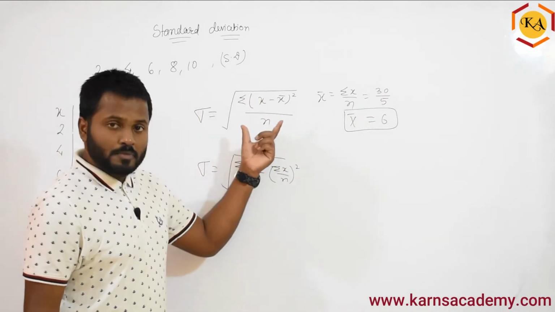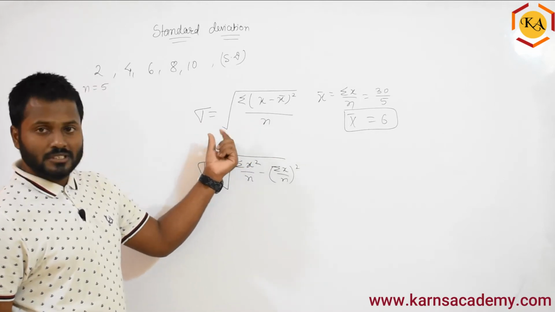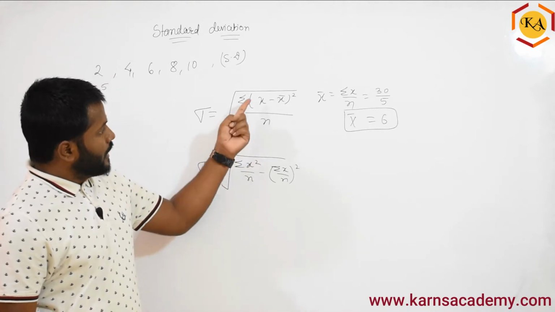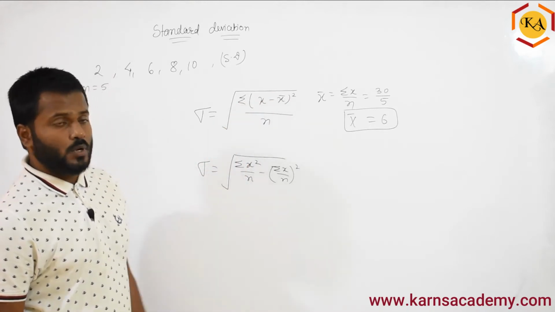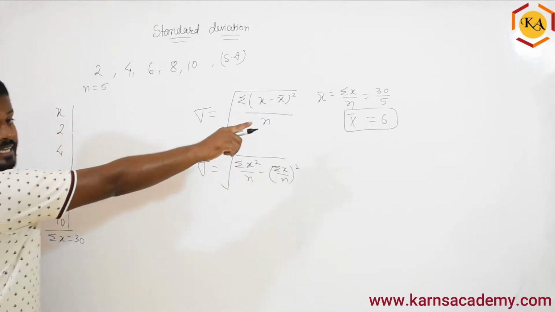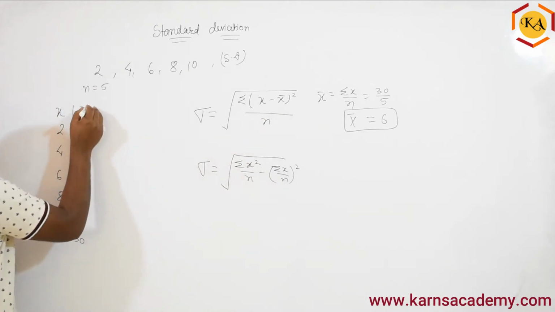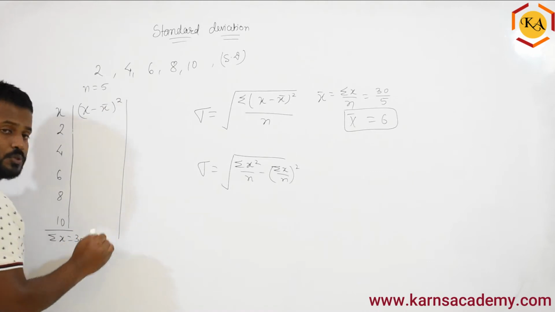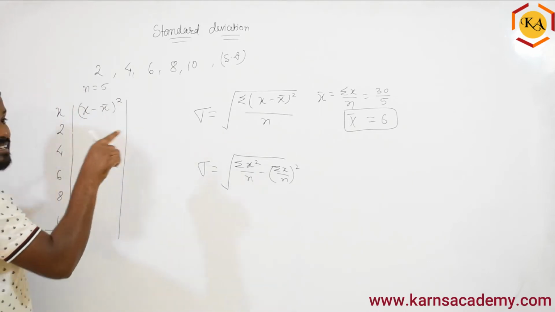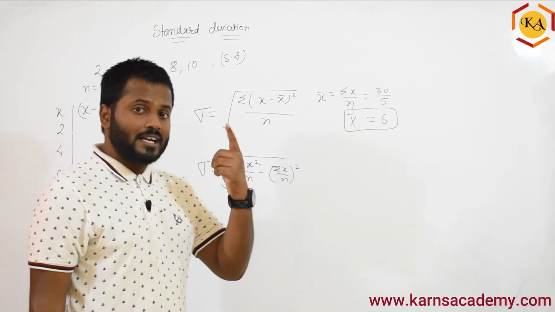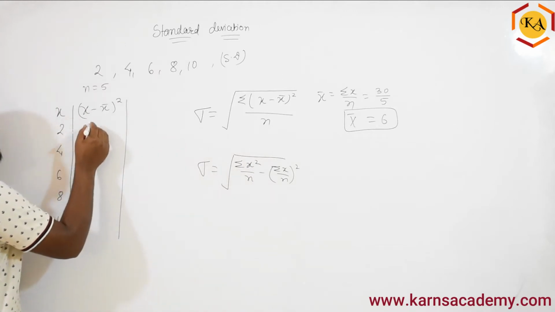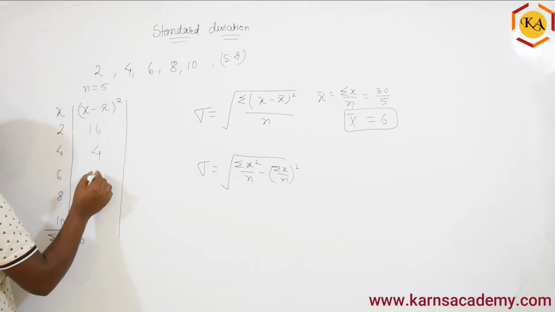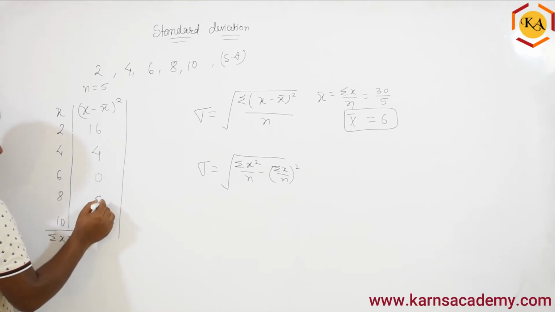Now I'm going to show you first using this particular formula, and then I will show you the other. Both the formulas I'll show you. Whichever you feel comfortable with, you do it. I want x minus x bar, squared. So this is your x, and x bar is nothing but 6. Can I find x minus x bar and the whole square? 2 minus 6 is minus 4, and minus 4 square is 16, plus 16. 4 minus 6 is minus 2, 2 square is 4. 6 minus 6 is 0. 8 minus 6 is 2, 2 square is 4.